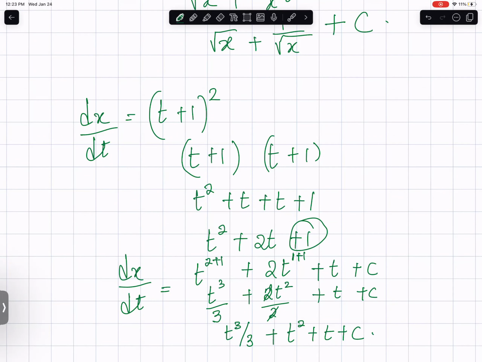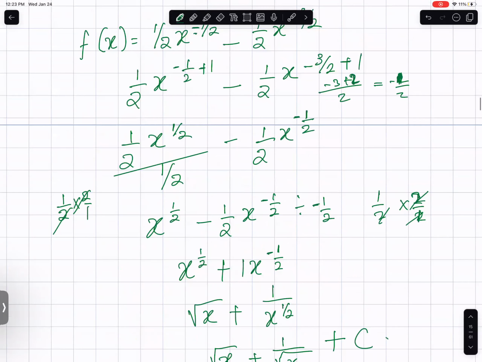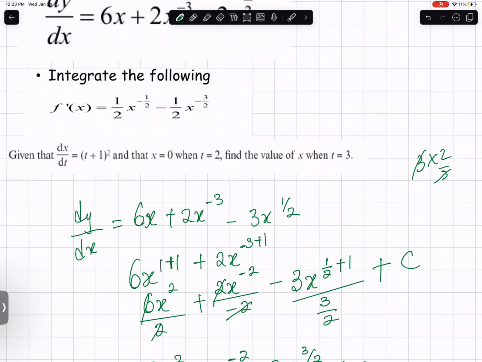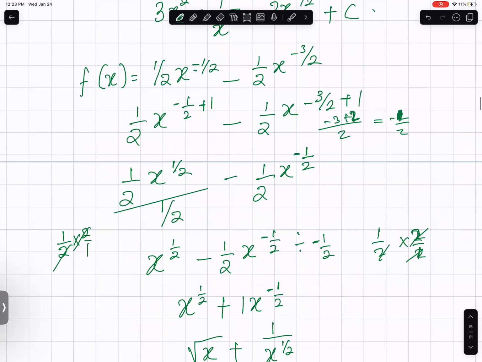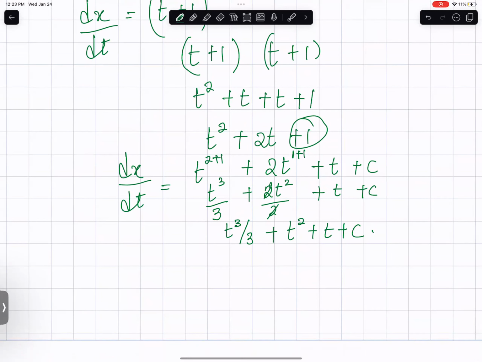Then we have a question there that says x is equal to 0 when t is equal to 2. So with this, I will be using this to find the value of my c. So when x is equal to 0, t is 2, that is 2 cubed over 3 plus 2 squared plus 2 plus c.